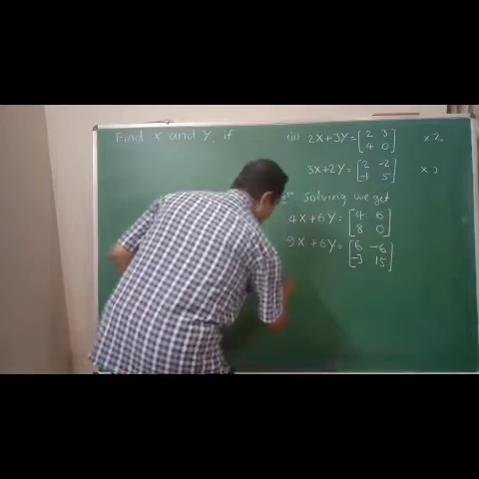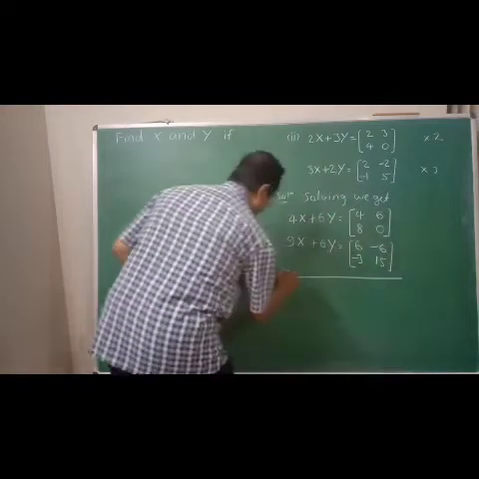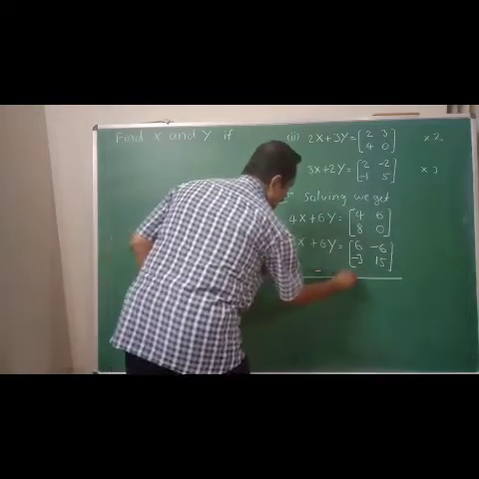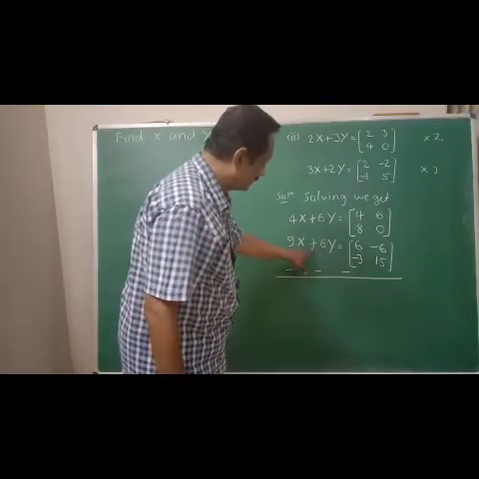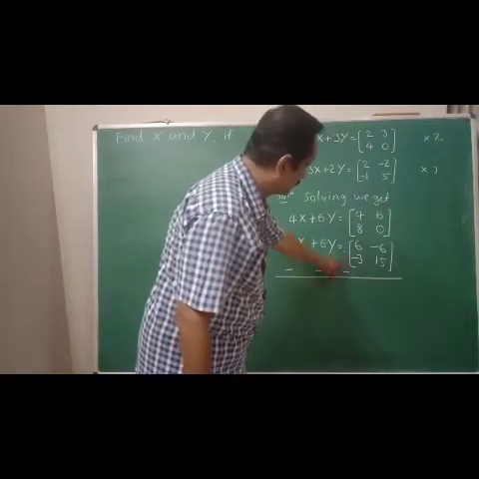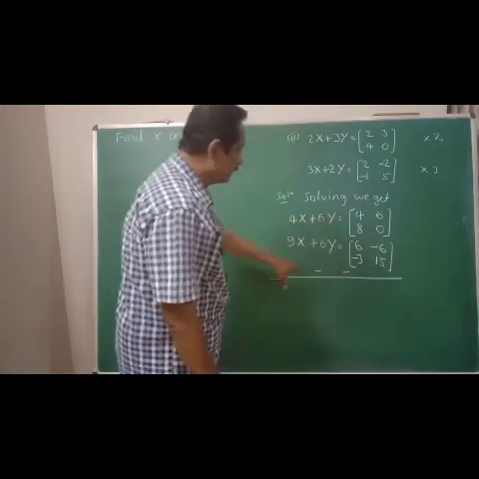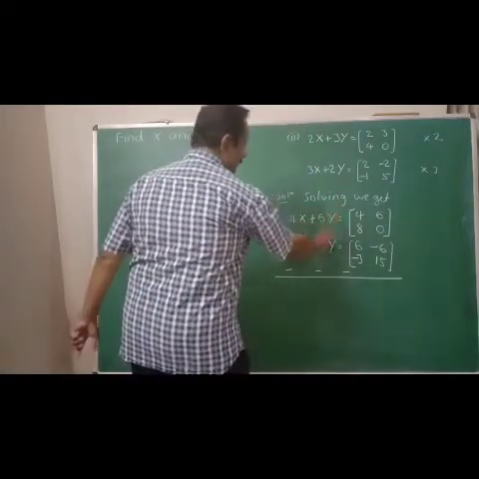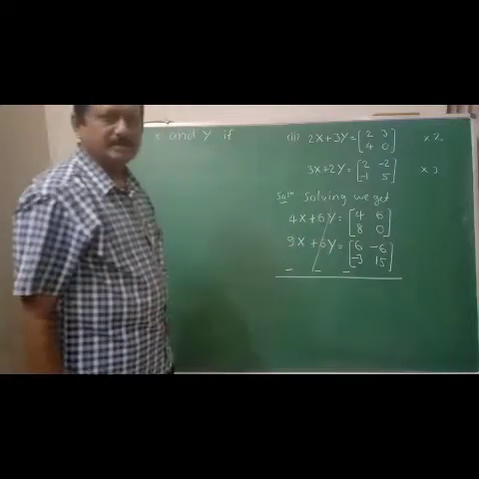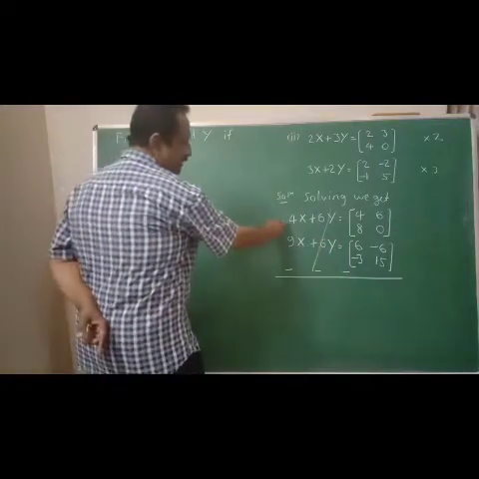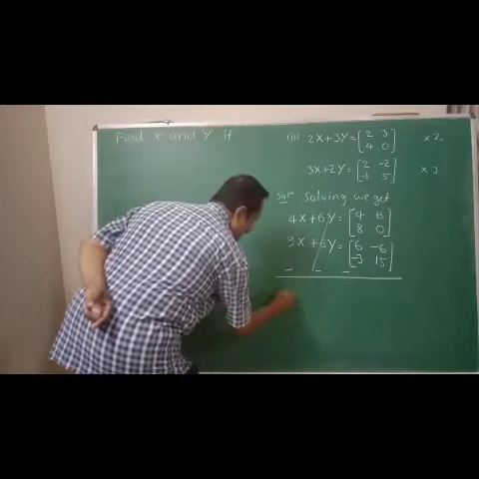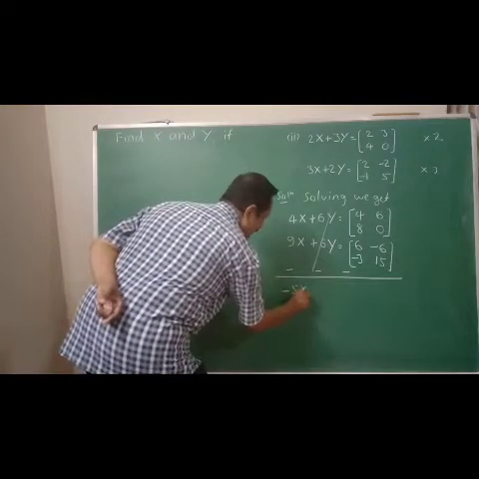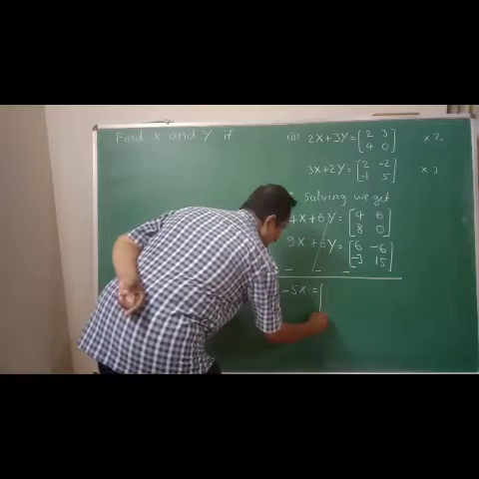Then change the sign. Here plus, so write minus. Here also plus, take minus sign. Then you can cancel plus 6y and minus 6y. Then 4x minus 9x gives minus 5x, that is equal to.